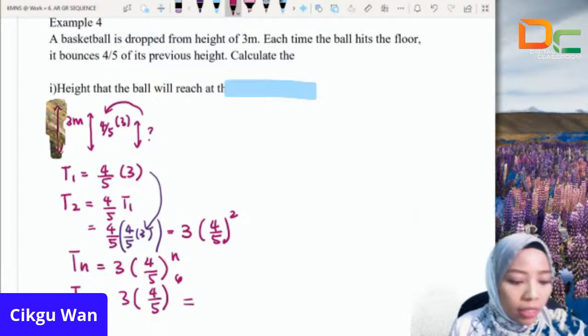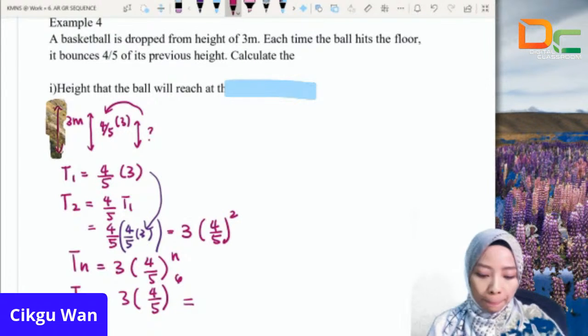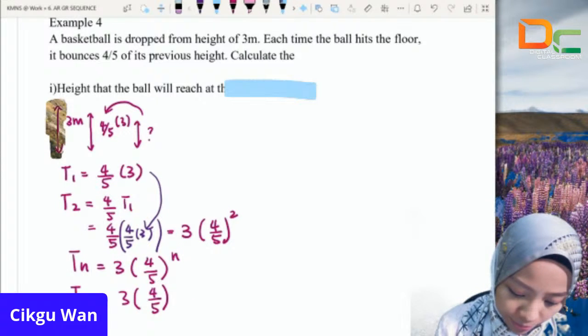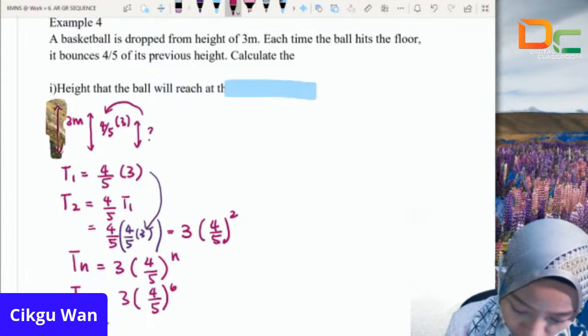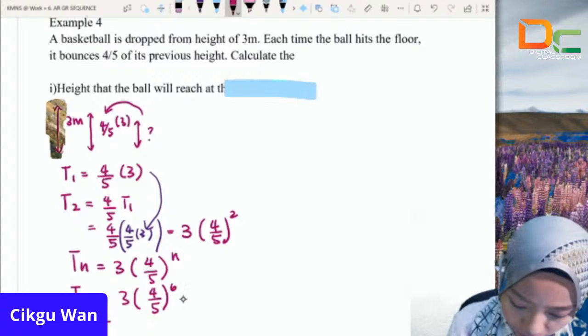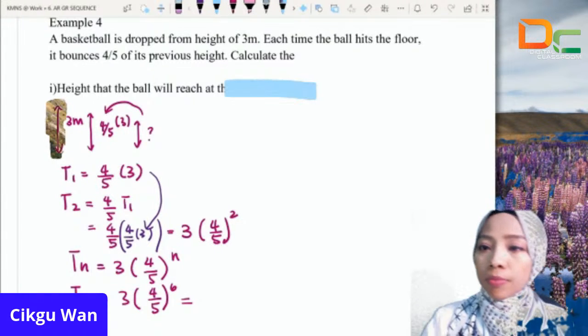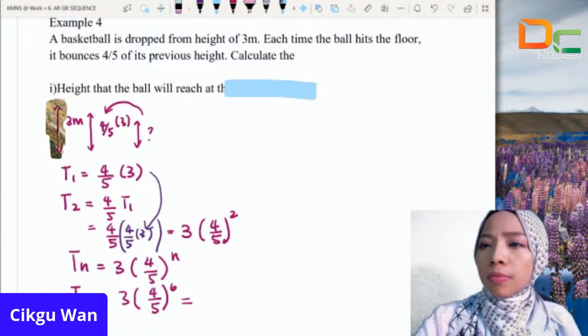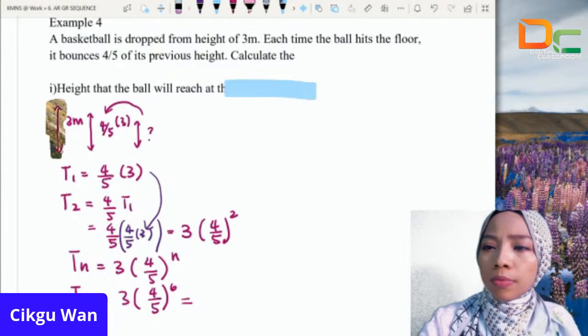Okay, please press your calculator. What is the answer?